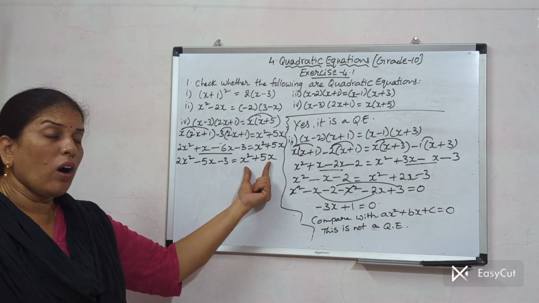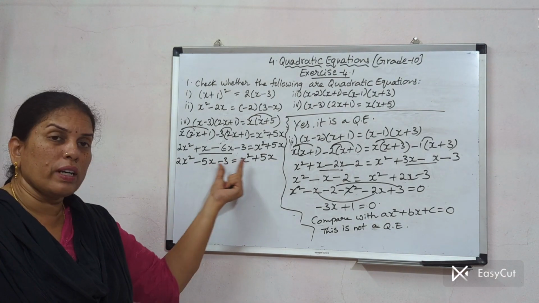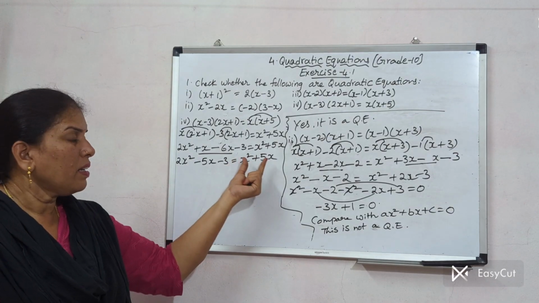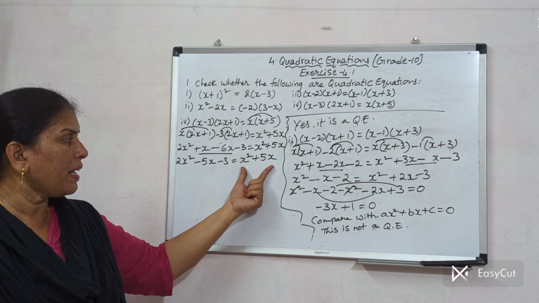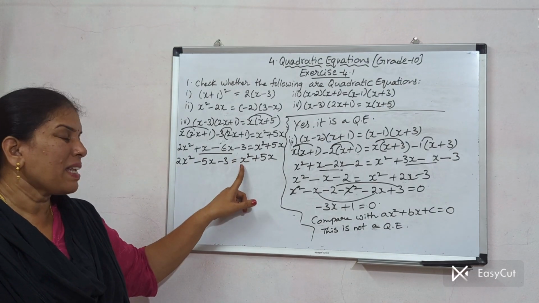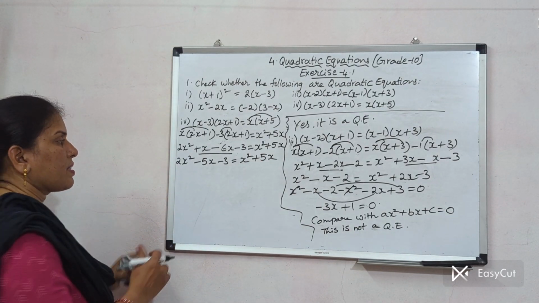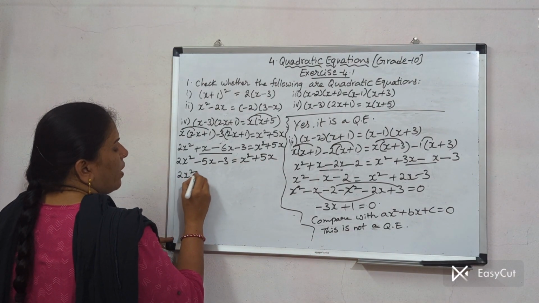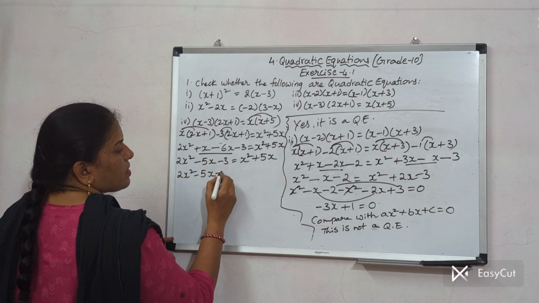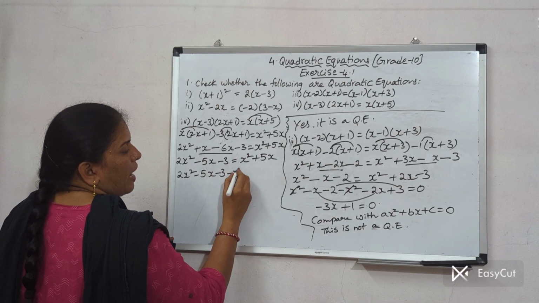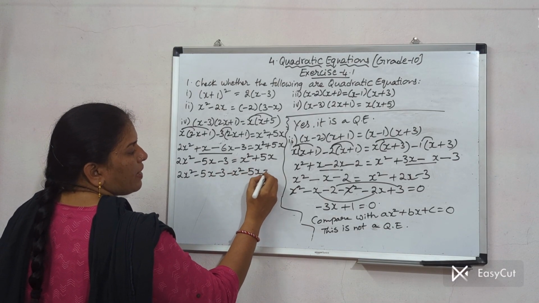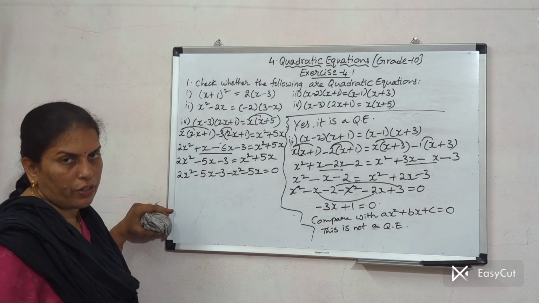Now, bring all these two terms to the left side. Then here 0 will be there. If I bring these terms to the left side, plus x square becomes minus x square, plus 5x becomes minus 5x. 2x square minus 5x minus 3 minus x square minus 5x equal to 0.